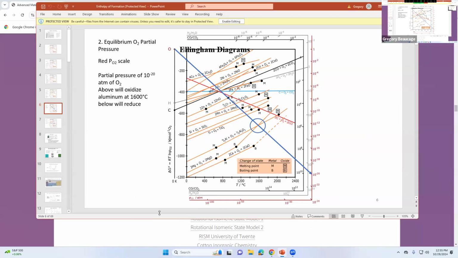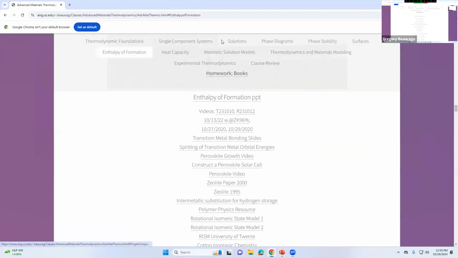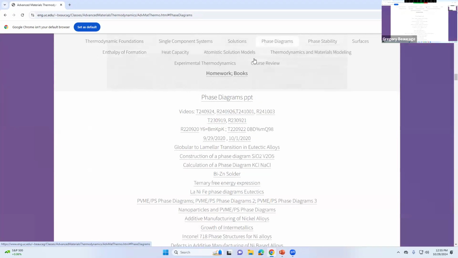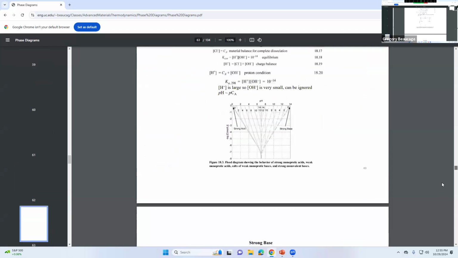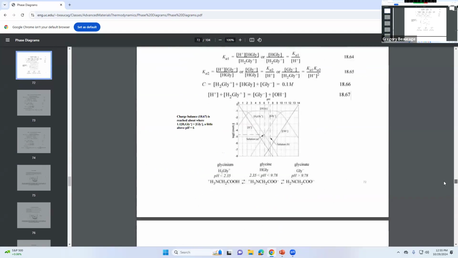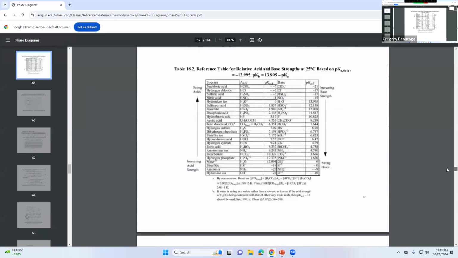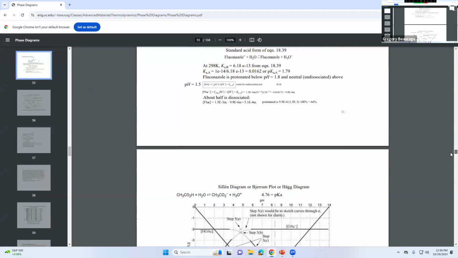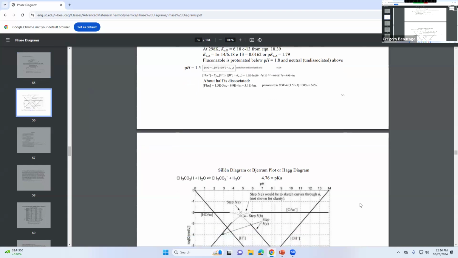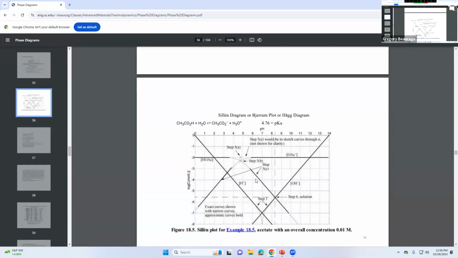Let's see, where is that? Let me just look for a second. It's probably in phase diagrams at the end, at the bottom. Yeah, here. There are like 50 slides about it, which I didn't go through, but it's a little bit off track. These are in water, and they show the predominant ions that exist in water, and how you predict which one.